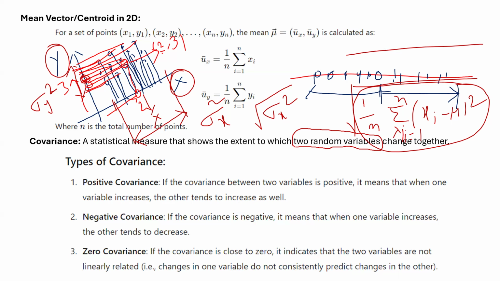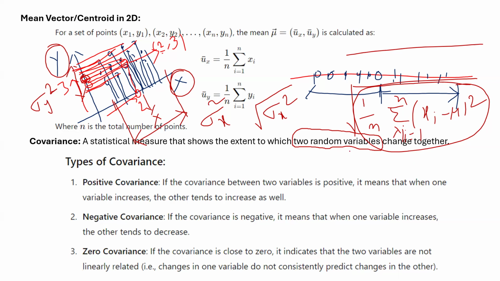So the outcome of any experiment will be assigned to a random variable. If you are conducting two experiments and getting two different random variables, covariance studies how one random variable is impacting the other. That's what covariance calculates: the extent to which two random variables change together.